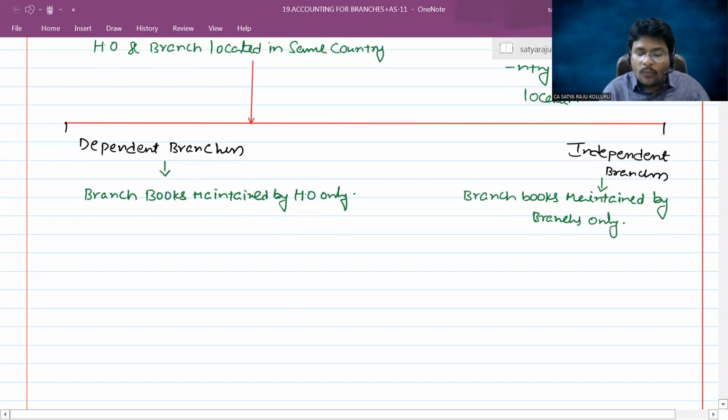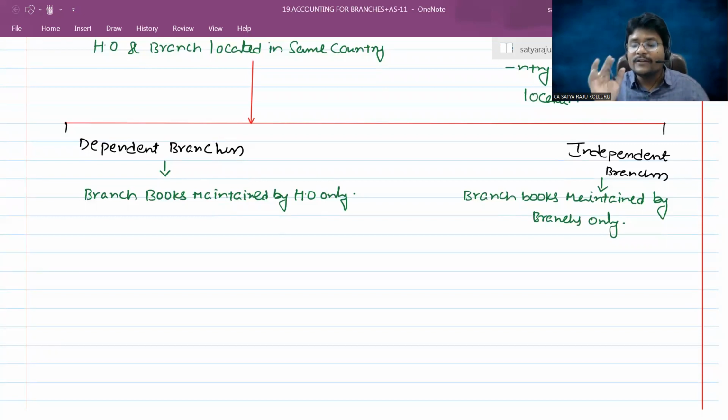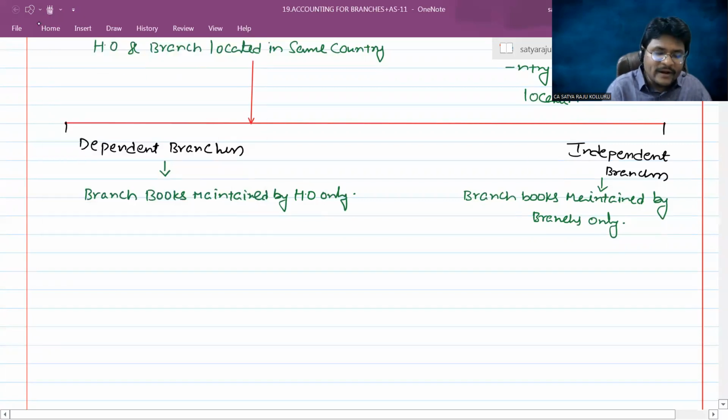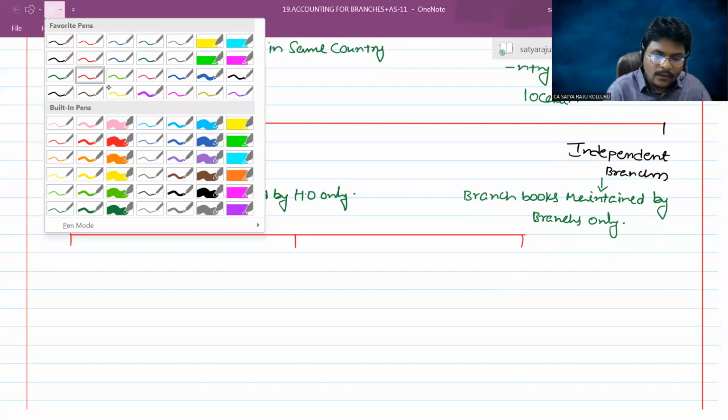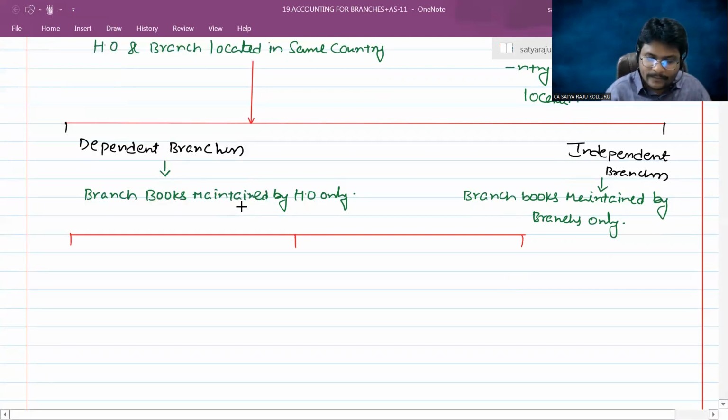Now, to know profit or loss achieved from each and every individual branch, head office will maintain branch books in three different methods. Any method is possible, and in any method they can achieve such branch profit or loss under dependent branches. These are different methods.